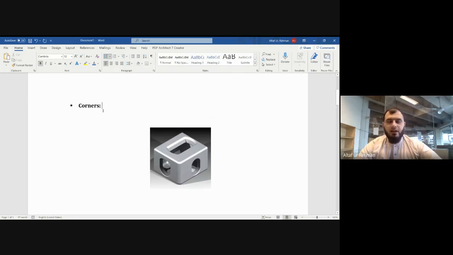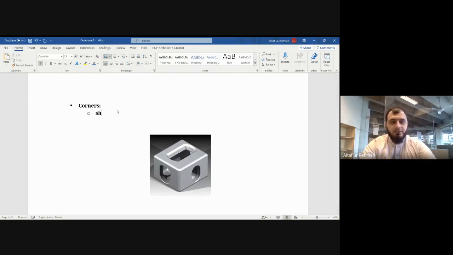If there are more edges or corners, sharp edges, I'm talking about sharp edges, then due to hot tearing, or cracks, which is one type of defect in casting, there will be much more stress on the edges and corners, and due to this it can crack.